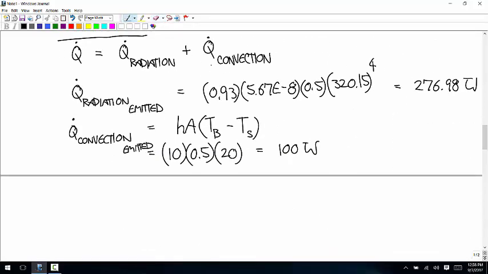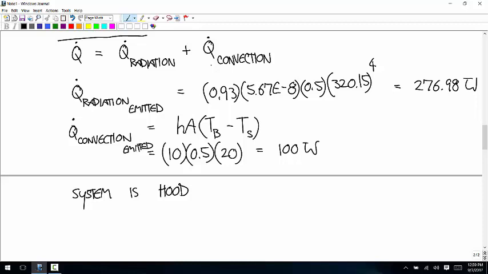Now we have to think about the signs. So these both give rates of heat that are emitted. Our chosen body is the, so we're trying to figure out, if our system is the hood, then positive heat is heat coming into the hood.